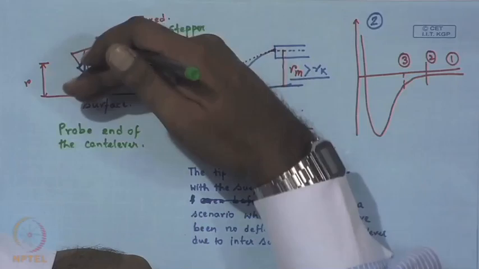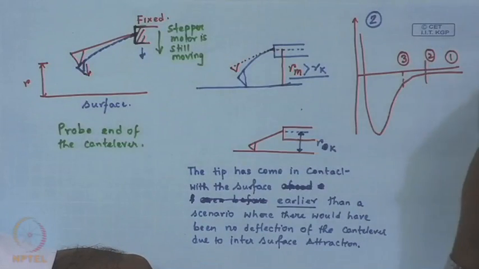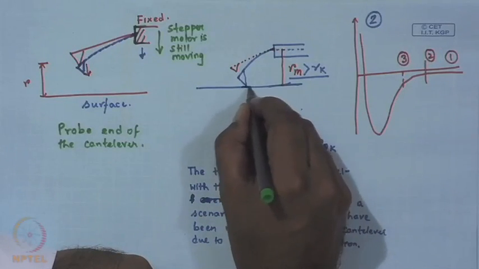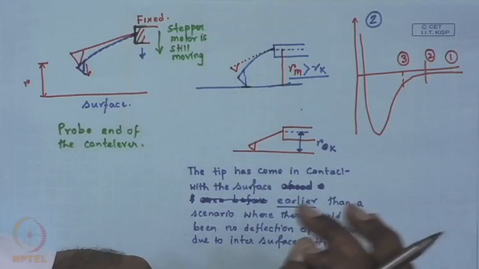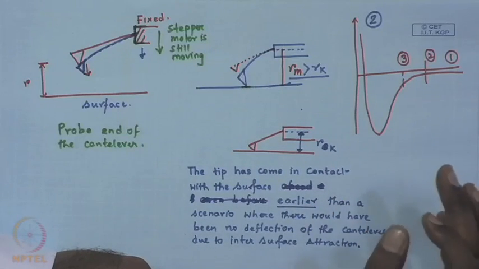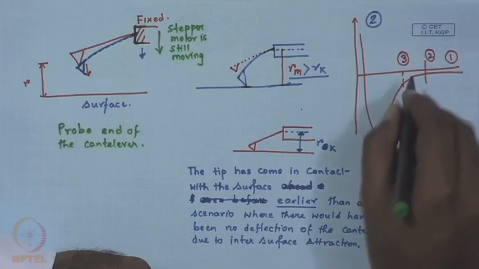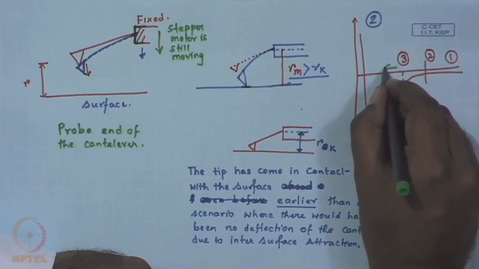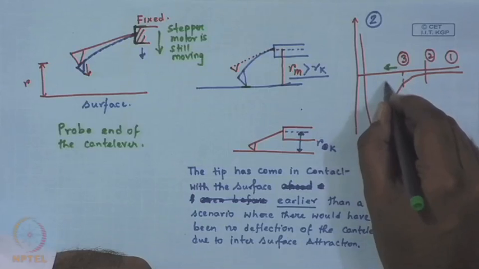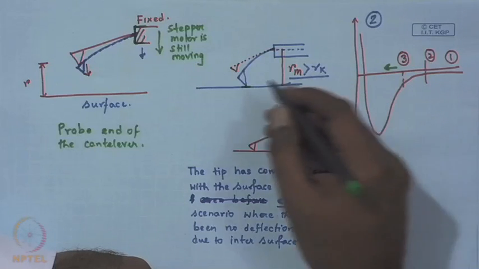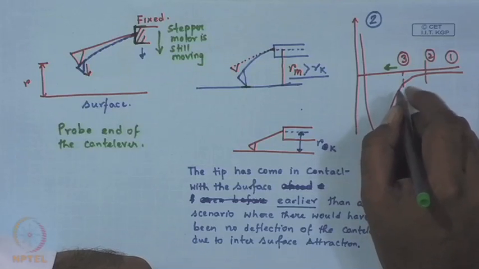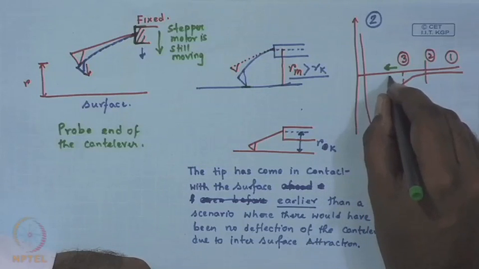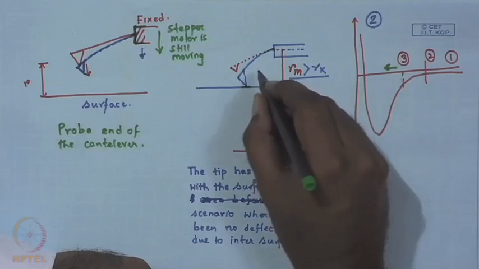So, this whole thing progressively comes closer to the surface, and eventually there is a point where the deflected probe tip, this deflection is originating because of this intersurface attraction. So, you are bringing it closer, and also the level of attraction increases. That increased level of attraction gets reflected in terms of an increased level of deflection.